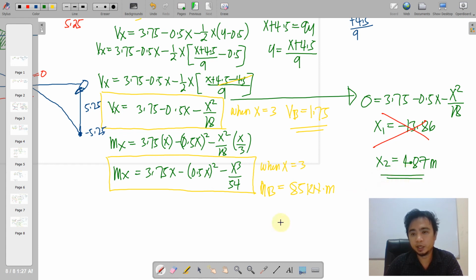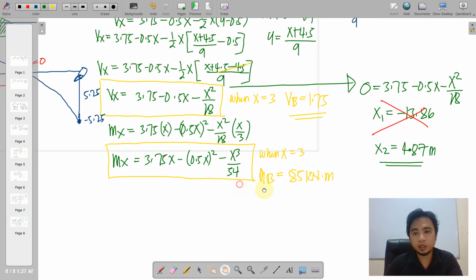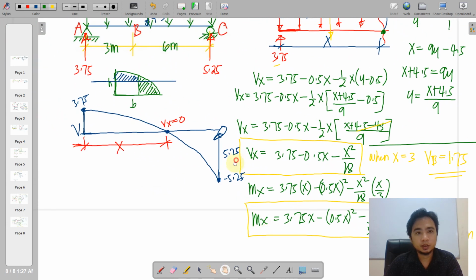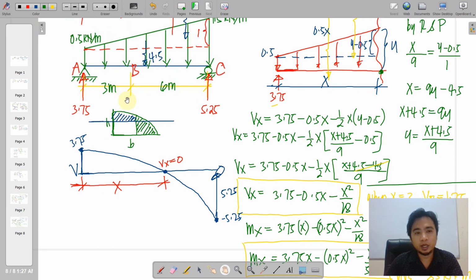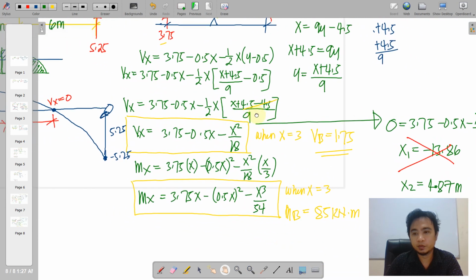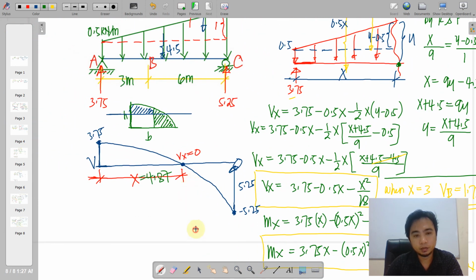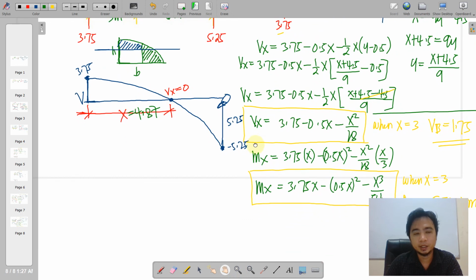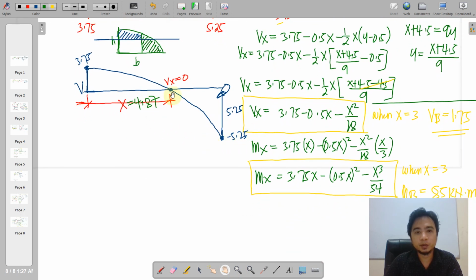So practically, it will still be feasible in our beam, which has a whole length of 9 meters. So x here is 4.87.